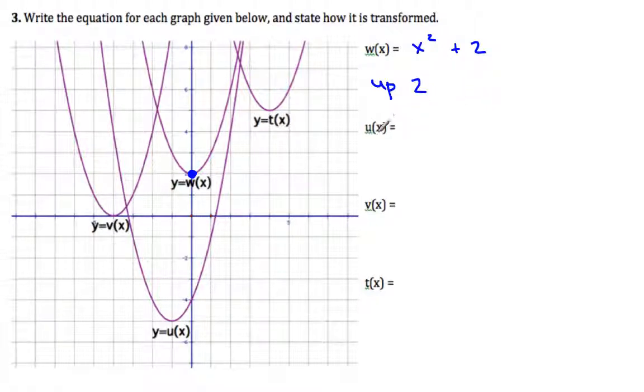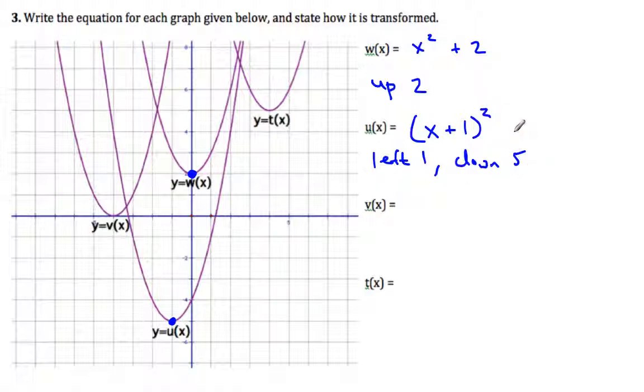Now U of x. U of x is moved left 1 and down 1, 2, 3, 4, 5. So in our equation, if it's left 1, we say x plus 1 squared.